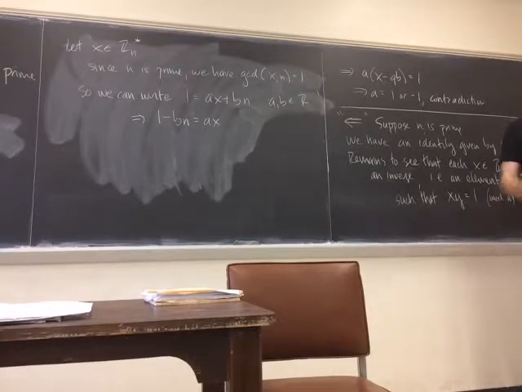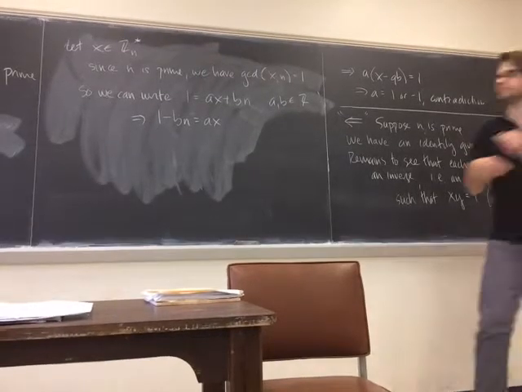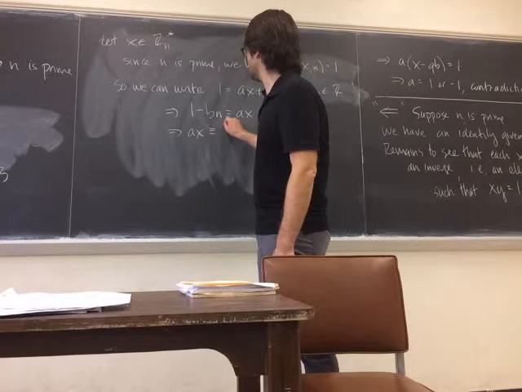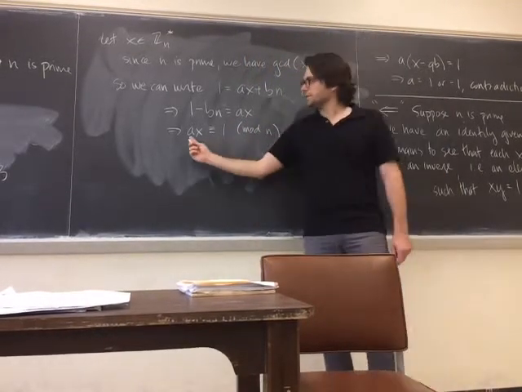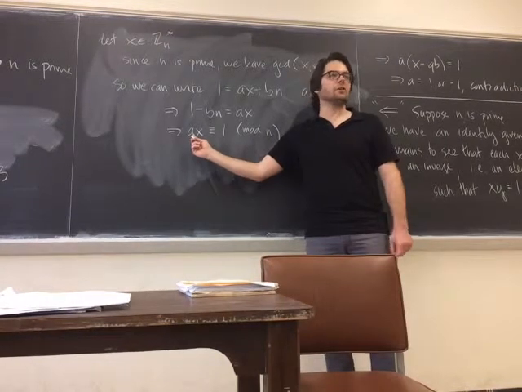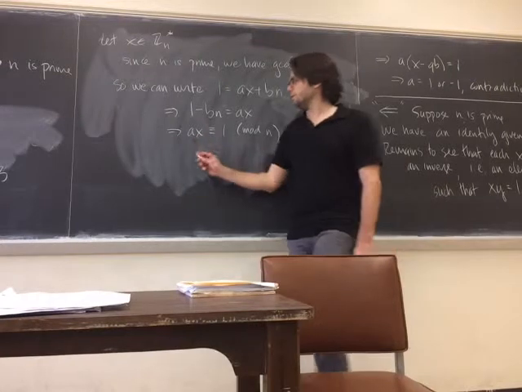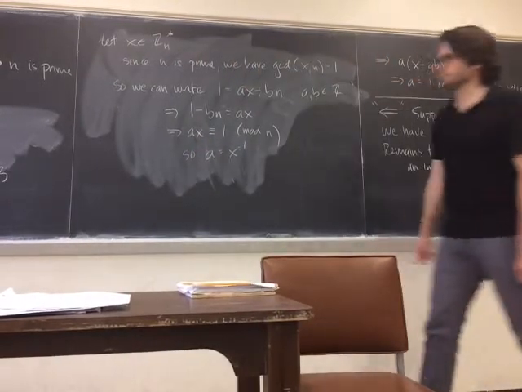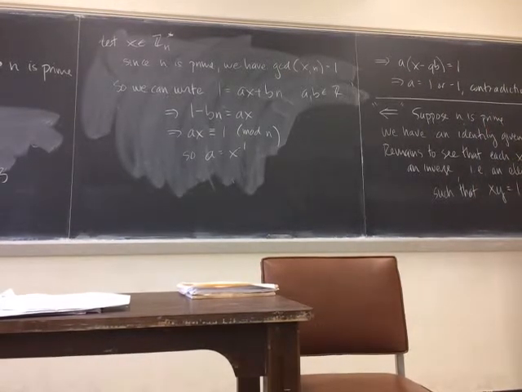It's saying that ax is equal to 1 plus a multiple of n. This is telling you that ax is equivalent to 1 mod n. And that's exactly what we wanted. There's our inverse. I should have called it y maybe, but that's my inverse there. So a is equal to x inverse. And that's what it means to be an inverse, that when you multiply it, you get 1 mod n.